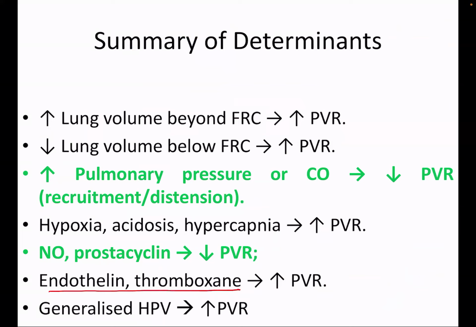Generalized HPV will increase PVR and will have an unfavorable effect on the circulation. And if pulmonary pressure rises or cardiac output increases, there is a reduction in PVR due to recruitment and increased distensibility. Nitric oxide and prostacyclins reduce the PVR. So this is mostly about the pulmonary vascular resistance.